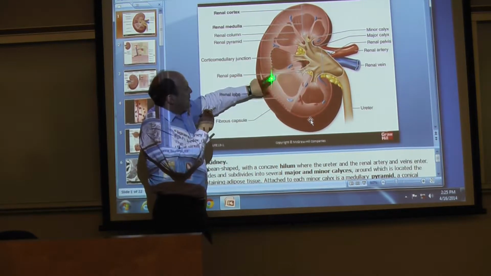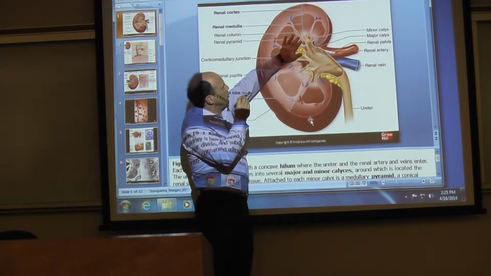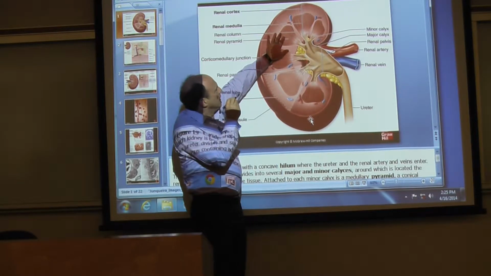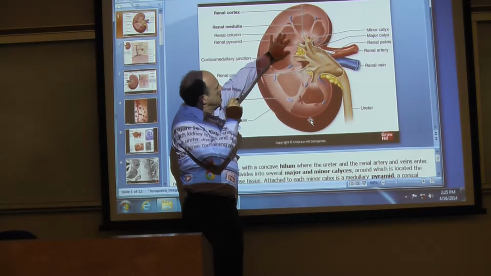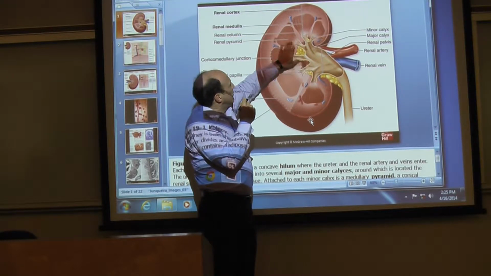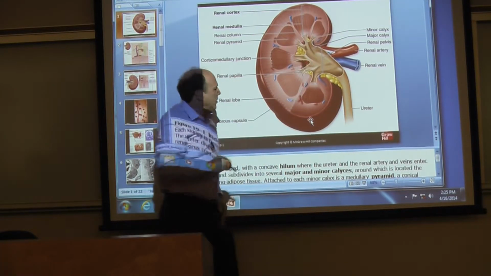So these nephrons are both in the renal cortex and in the renal medulla, and you'll see how that separates out. But they're present in both. But the renal medulla is going to be closer to these calyxes that are dumping the urine into the ureter.